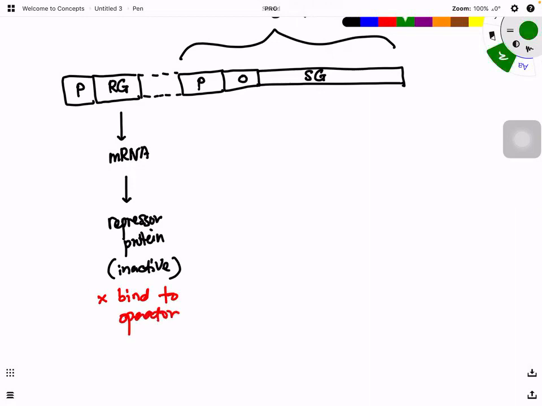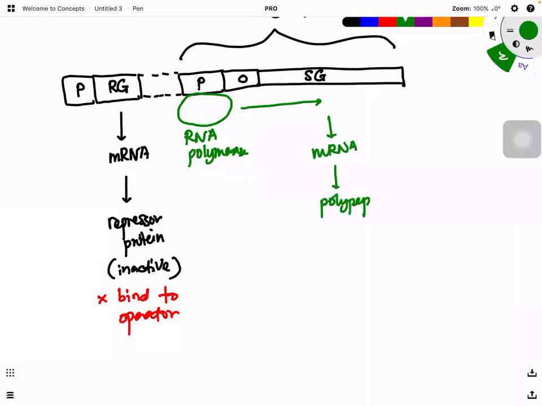Therefore, RNA polymerase can bind, and then transcription takes place, allowing us to get the mRNA of the structural genes, and then we get the polypeptide, and we are able to get the enzyme. So what is this enzyme for?